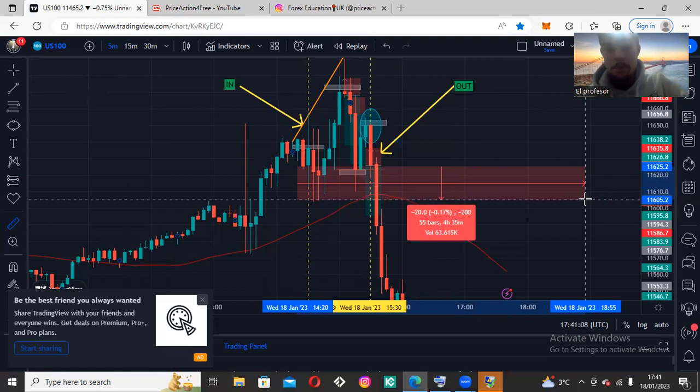Price just went boom, down, for this whole move. You know why? Because I have a divergence. The price just goes down crazy. It can reach like 50 points, 100 points, 150 points. Don't be surprised.